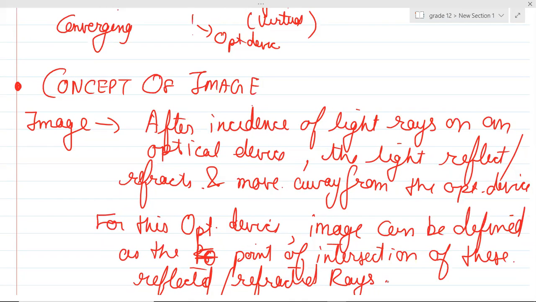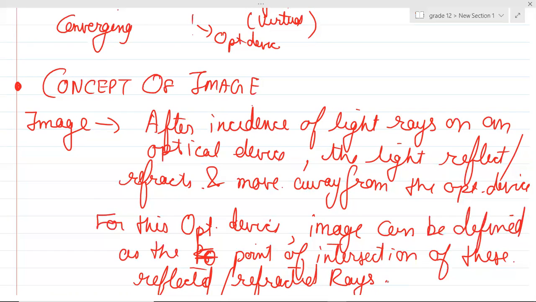Now your eye is in front of that image of yours which was formed in the mirror. Will it be acting as a real object for your eye? Will it be acting as a virtual object? No, the image for your eye. For your eye. I'm not talking about the mirror.